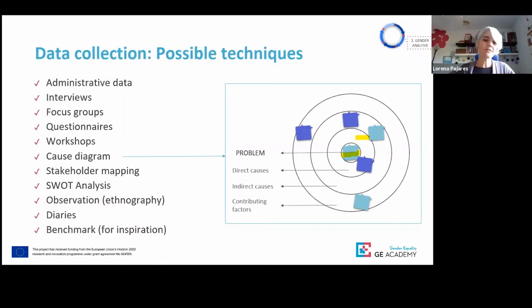Then we identify the indirect causes that are affecting. That would be like, what is the cause of the direct cause, something like that, right? And then in the outer circle, we place the contributing factors, the contributing causes, like those structural aspects that are influencing our problem.